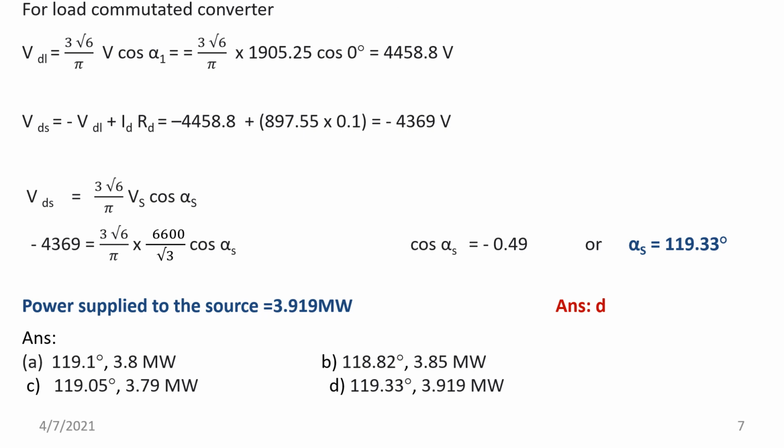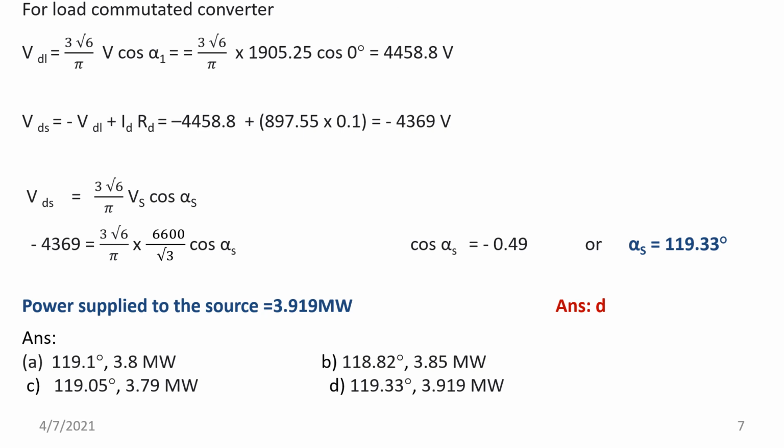From that, if I simplify, cos alpha S becomes minus 0.49, so alpha S is equal to cos inverse of minus 0.49. The answer is 119.33 degree.